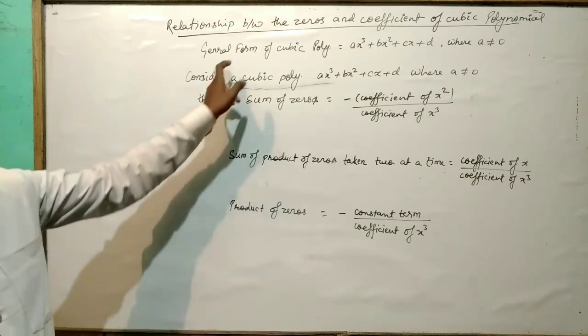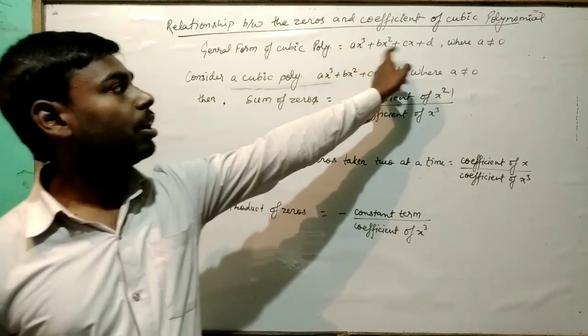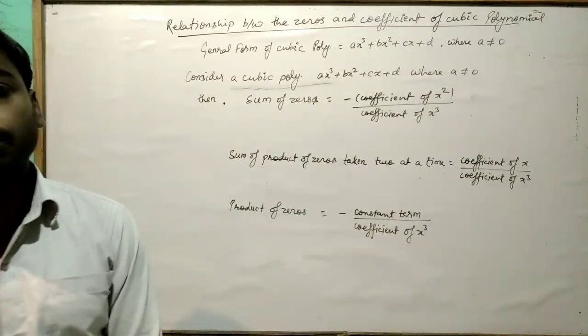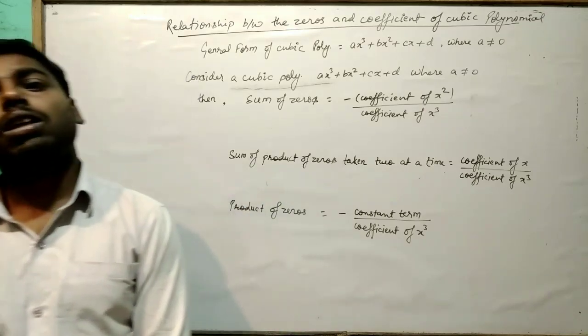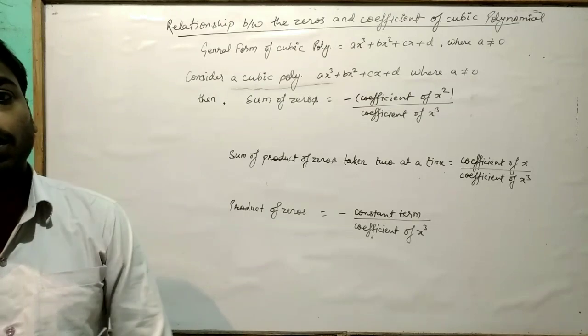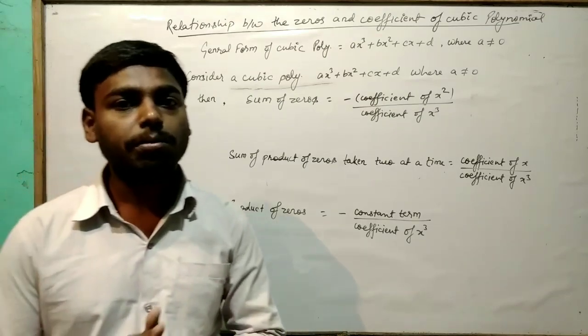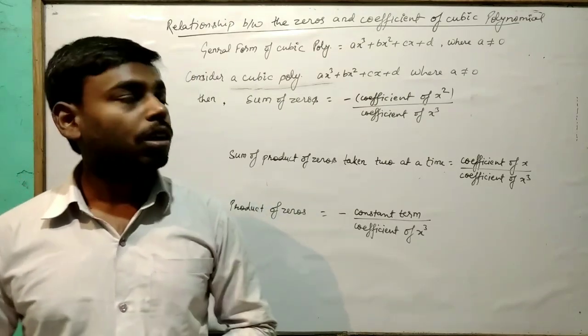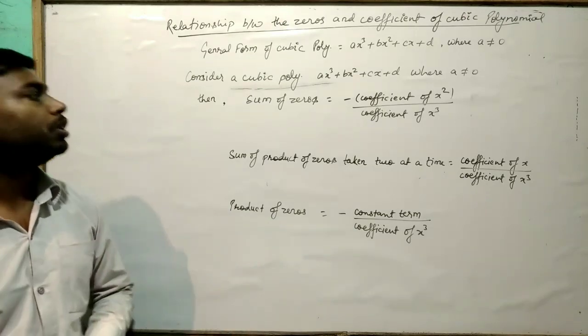The general form of a cubic polynomial is ax cube plus bx square plus cx plus d, where a is not equal to 0. Now consider a cubic polynomial ax cube plus bx square plus cx plus d, where a is not equal to 0.